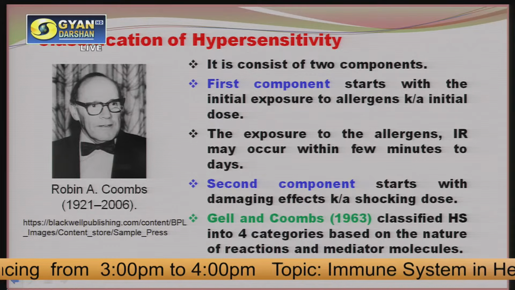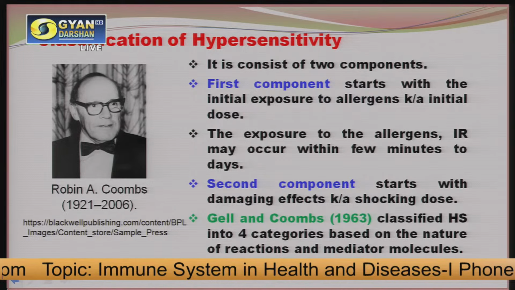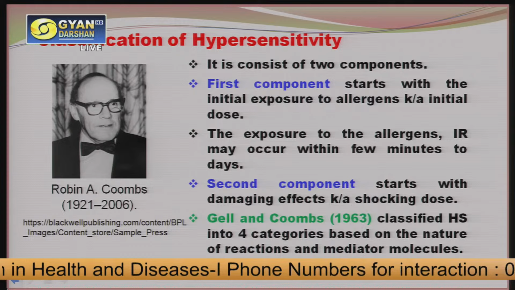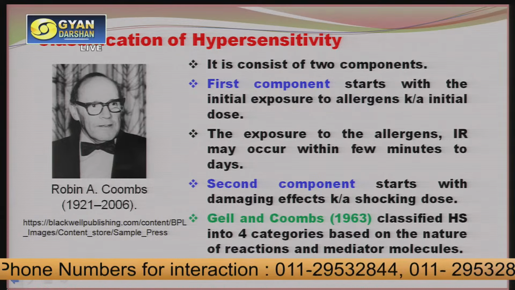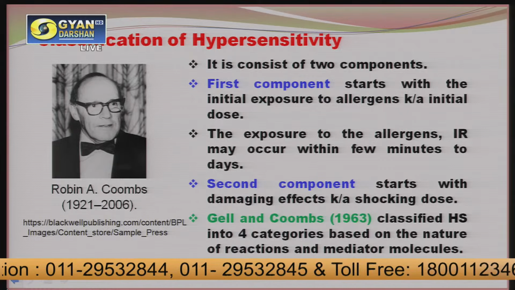The second component starts with the damaging effect, known as the shocking dose. The first one is the initial dose, and the other is the shocking dose. It is basically the second component of hypersensitivity.